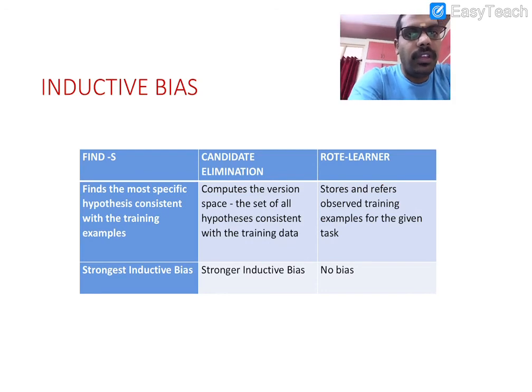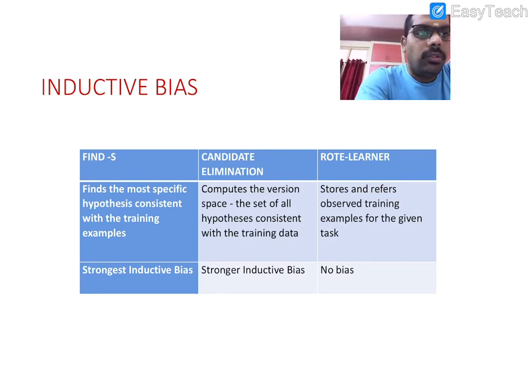So if we compare the three: rote learner, candidate elimination and Find-S algorithm, the Find-S algorithm has the strongest inductive bias, candidate elimination has a stronger inductive bias, and for the rote learner we didn't find any bias, so it is no bias. We didn't find any gap between the specific and generalized, so that is no bias.